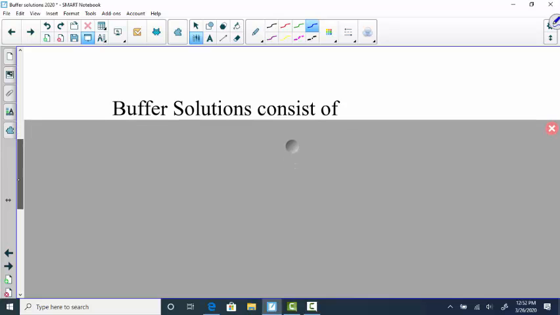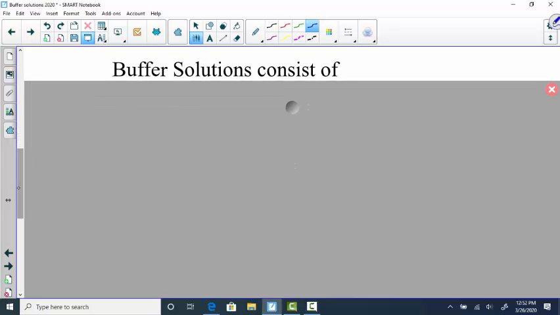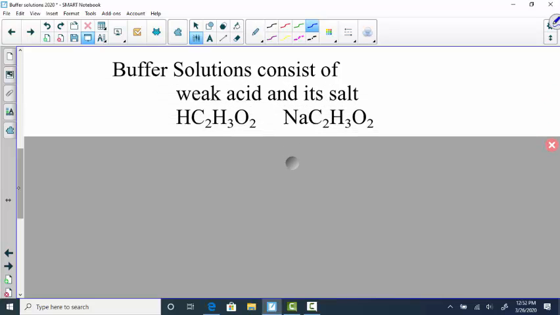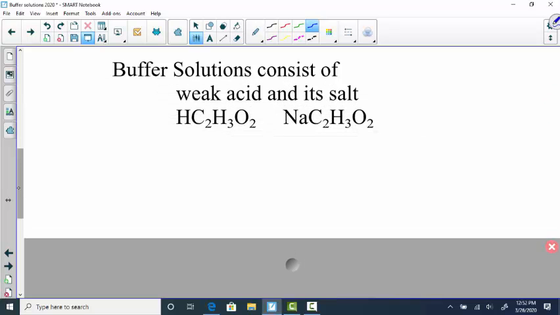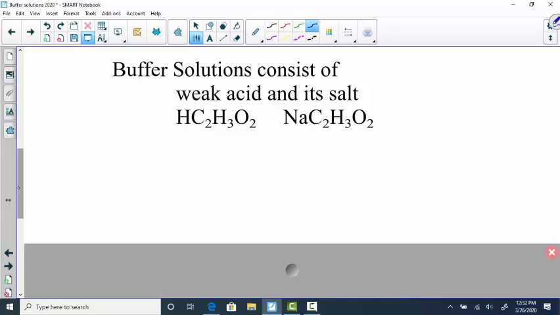So what is a buffer solution? A buffer solution is essentially a solution that consists of a weak acid and its salt at the same time, which is literally common ion effect, okay? So this right here, acetic acid, that's my weak acid, and this is the salt of that weak acid, where the sodium ion doesn't matter.